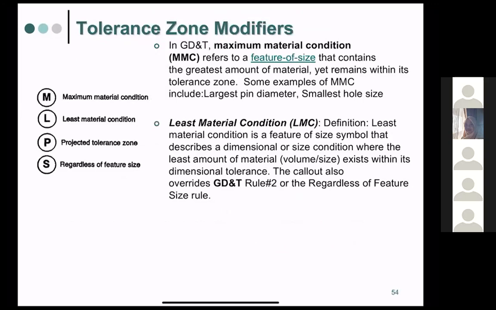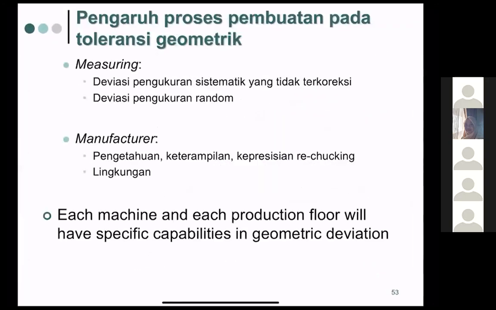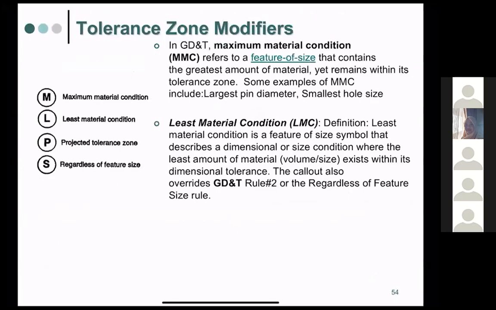But for us in chemical engineering, we are actually more about commodities, about foods and so on, and not manufacturing parts. Okay, and the last one is about the tolerance zone. We have these types: maximum material condition, least material condition, projected tolerance zone, and RFS, or regardless of feature size.